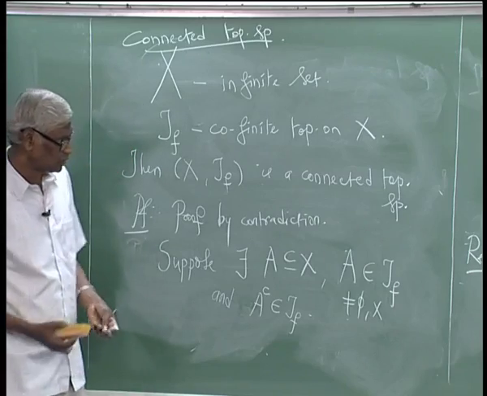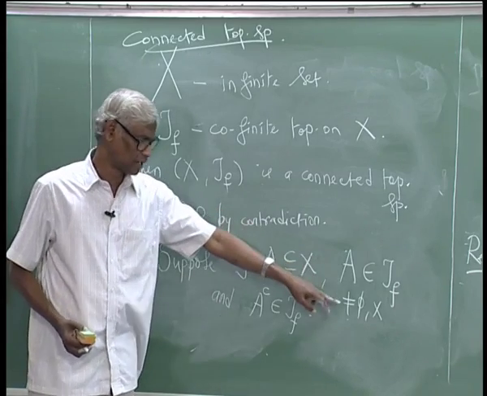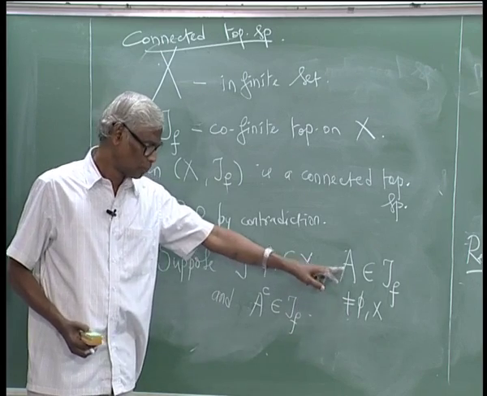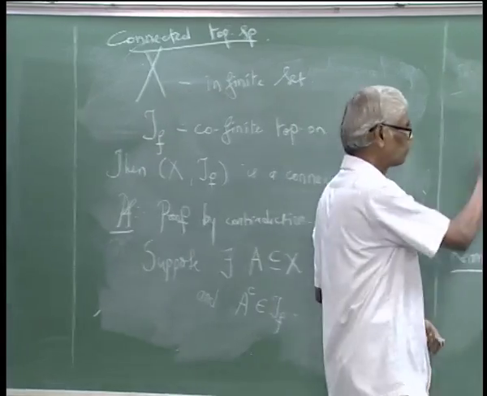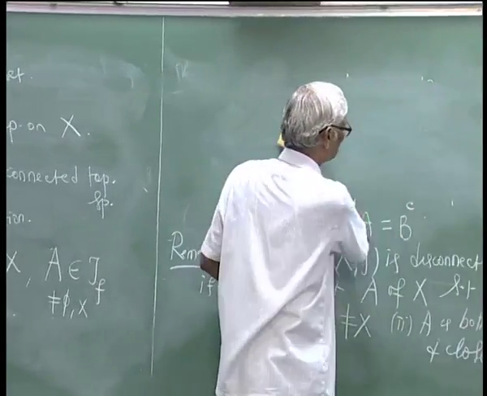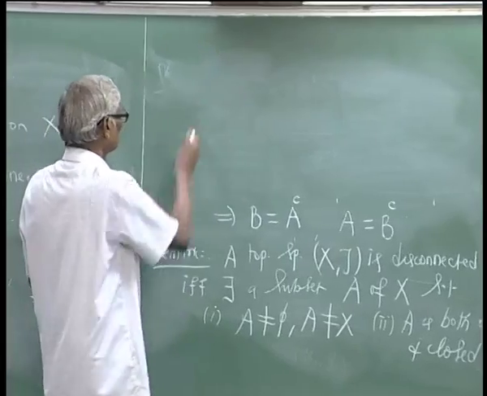See now here it is trivial: A is non-empty, so the complement of that set should be finite. A is a non-empty open set, that is important.